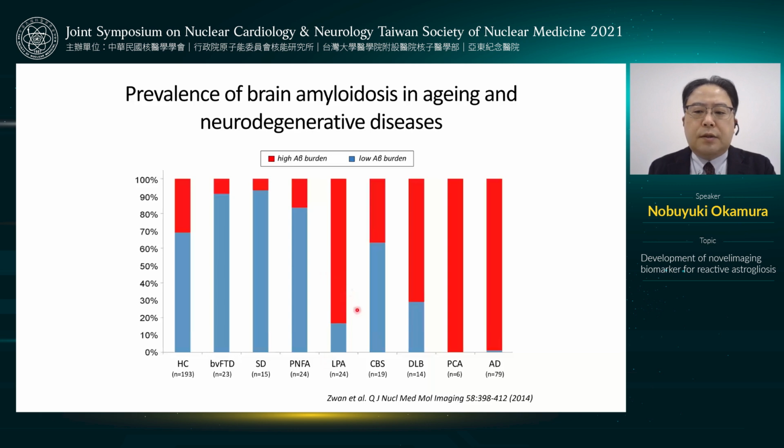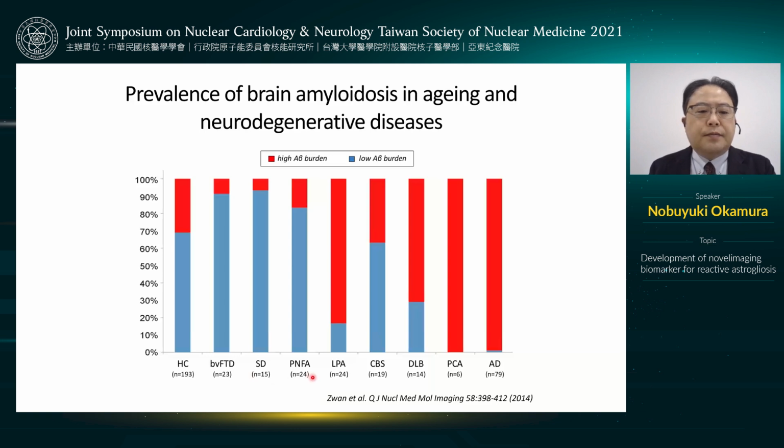In contrast, amyloid deposition is not frequent in patients with behavioral variant frontotemporal dementia, semantic dementia, and progressive non-fluent aphasia.